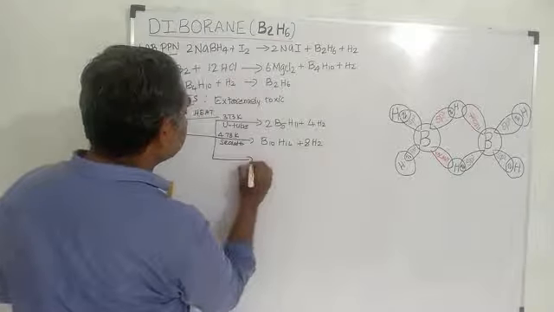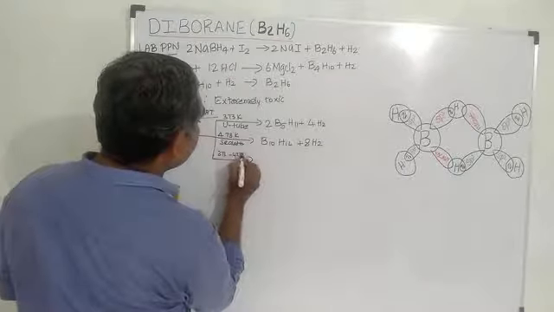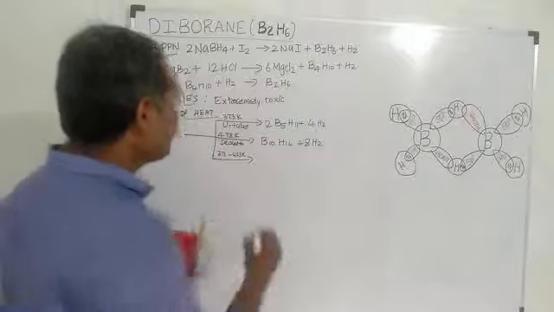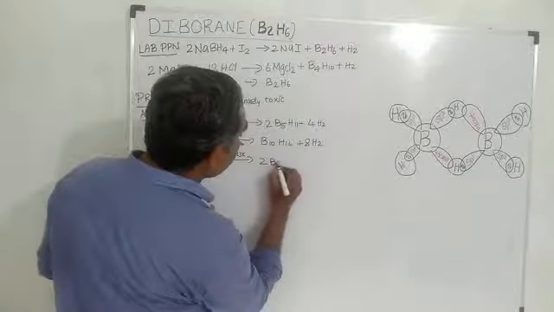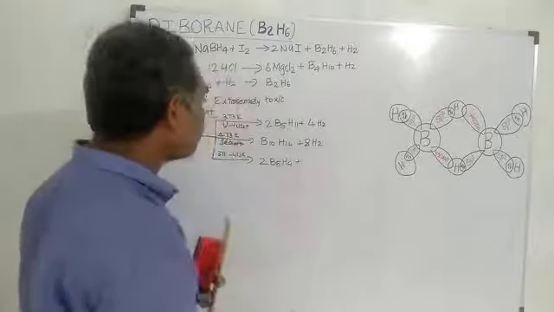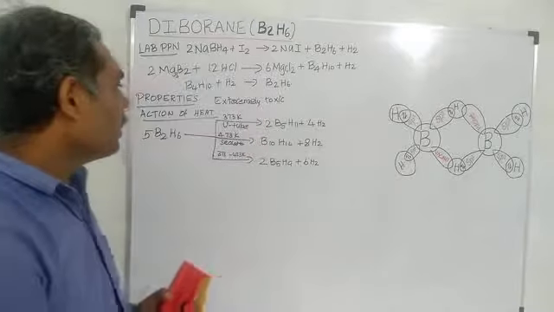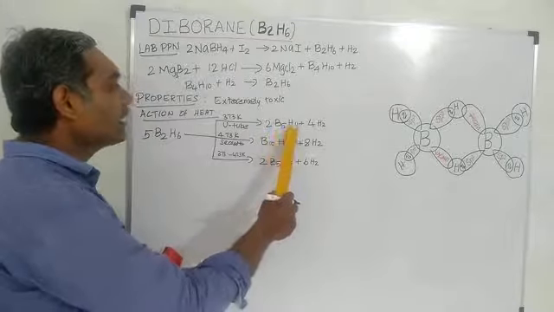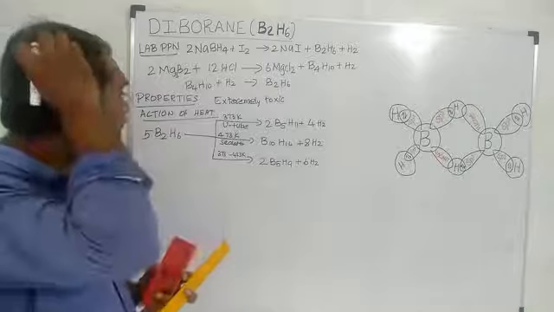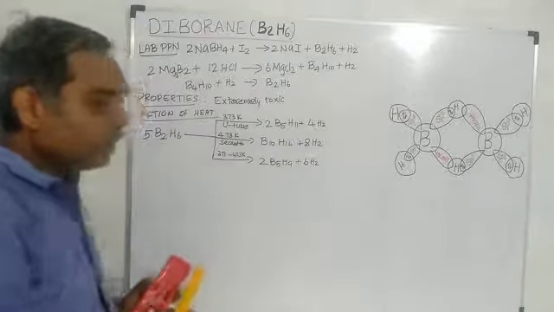Next is at 373 to 423 Kelvin, we get 2B5H9 plus 6H2. So B5H11 is called pentaborane, B10H14 decaborane, and B5H9 is also a pentaborane.